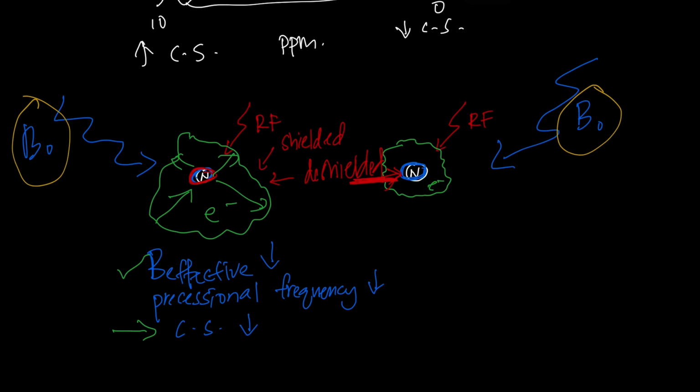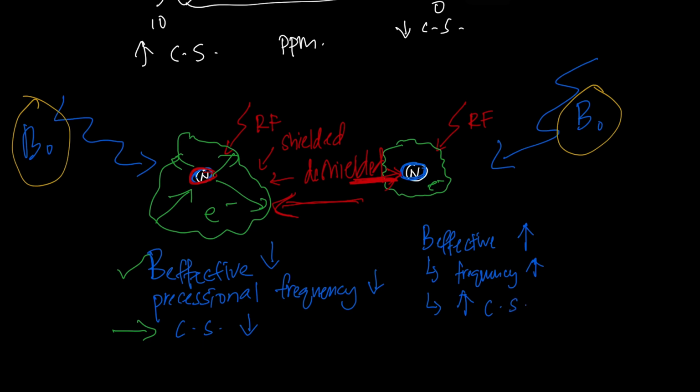The electron cloud is not so thick, so the effective magnetic field is greater. It leads to a higher precessional frequency and later a higher chemical shift value.